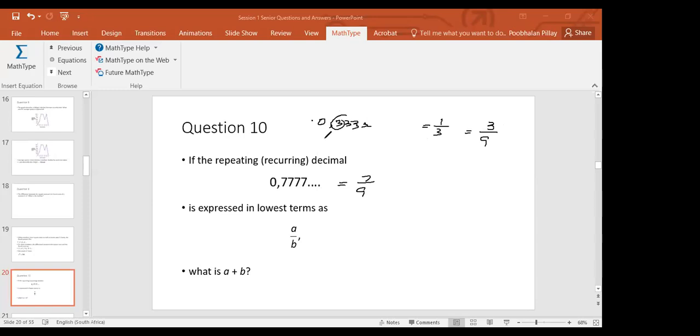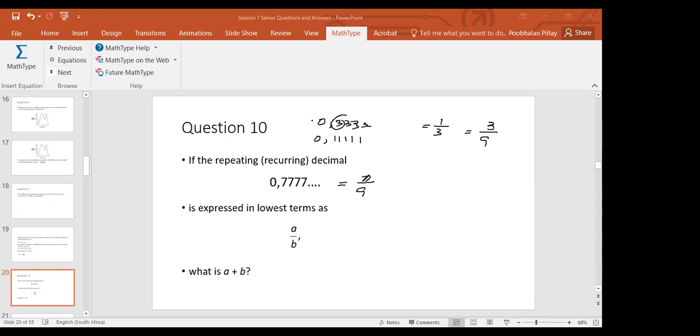If 3 over 9 is 0.3333, then 1 over 9 is 0.1111, and therefore 7 over 9 will be 0.7777, and so on. And this is already in lowest terms because you can't simplify this any further.